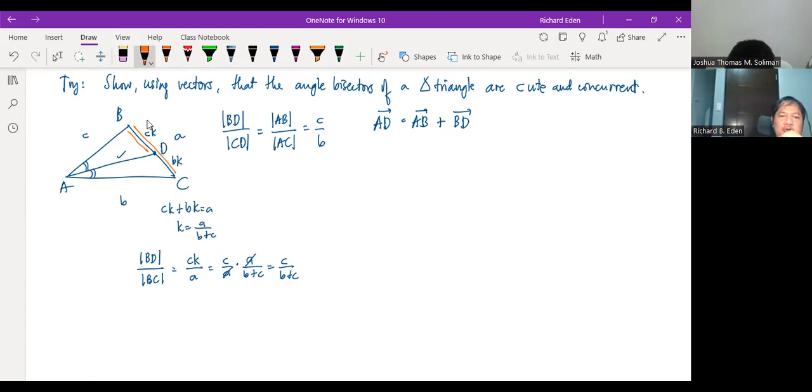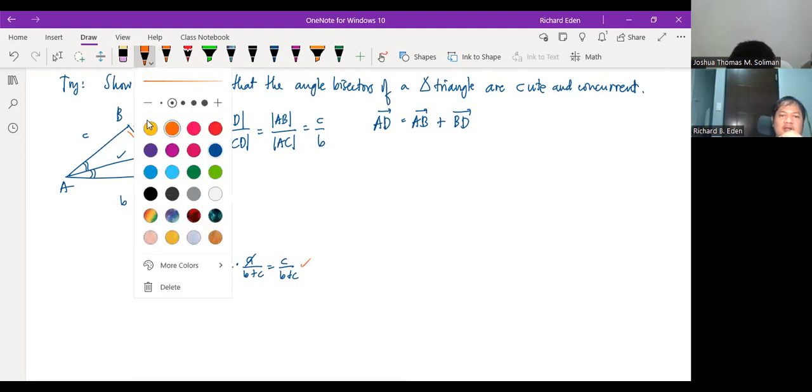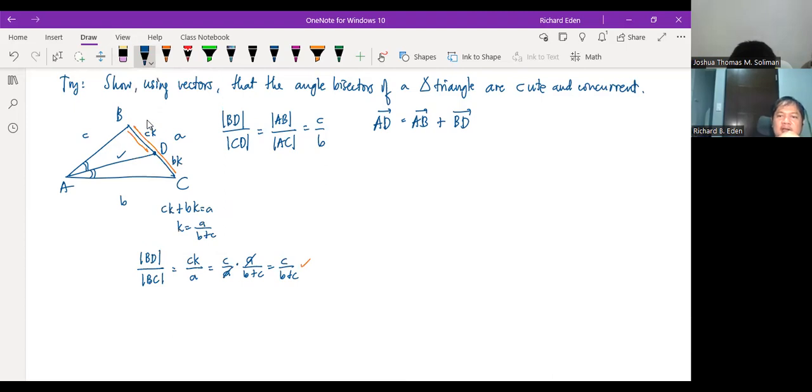Shorter segment, shorter orange over longer orange is equal to C over B plus C. So ibig sabihin, I can write here, AB is A plus B, and then BD is C over B plus C multiplied by vector BC, which is B plus C.